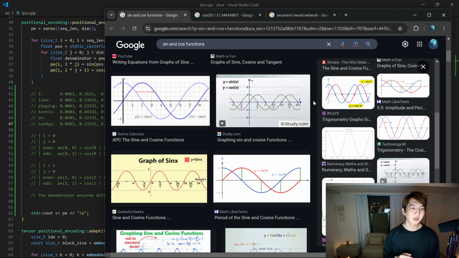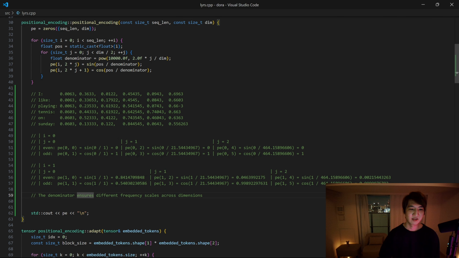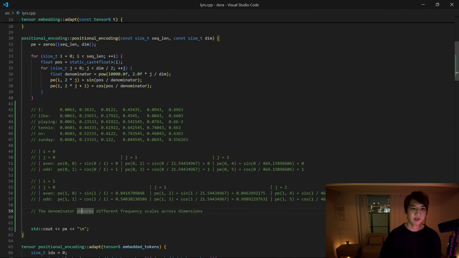This encodes positions for each token using different frequencies. So this denominator ensures different frequency scales across dimensions.